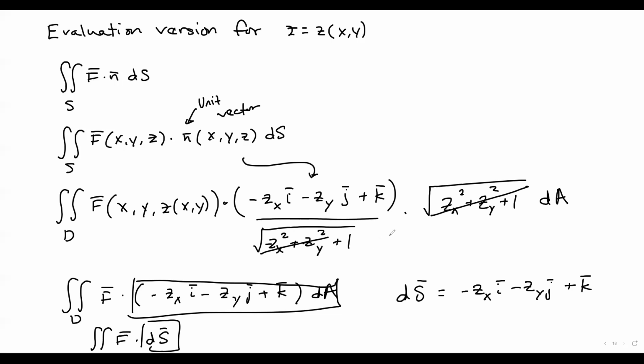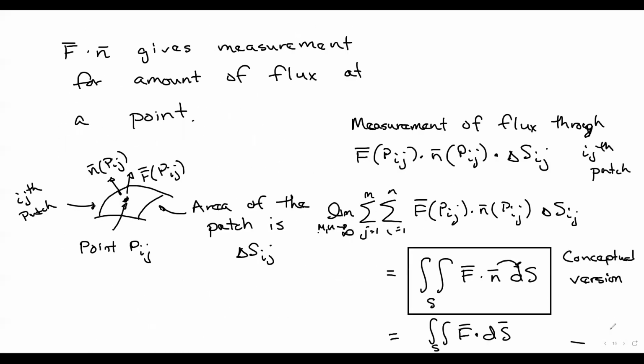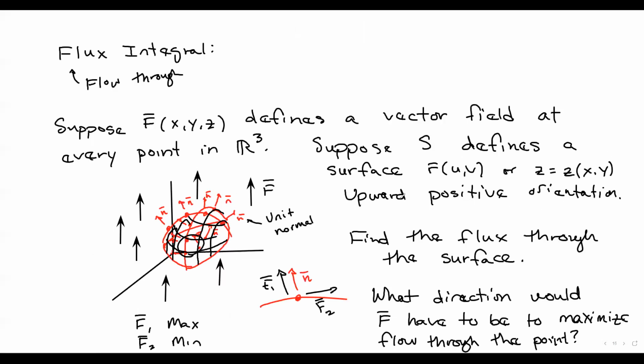Okay, one other comment about this before we move on and actually start doing some examples. Notice that in the original problem we said that we have upward positive orientation, upward normal vectors.